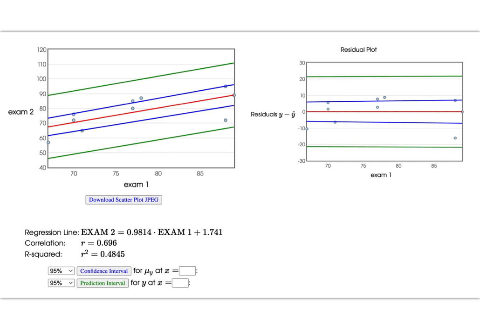For a number to be considered an outlier, because this one almost looks like it is, it would have to be outside of the green lines.